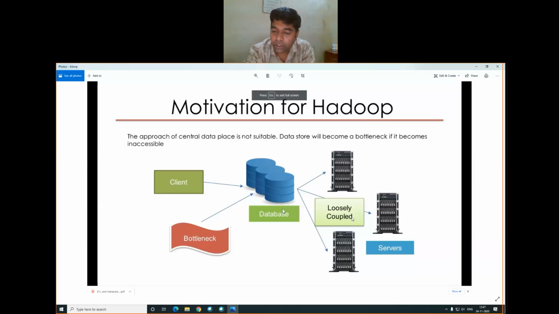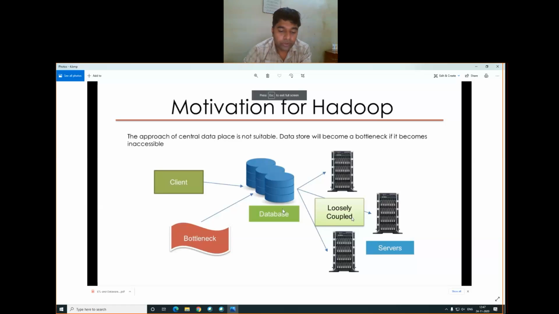So in the Hadoop system, the task is divided among different servers. All tasks are not performed by a single server, and the servers are not loosely coupled; they are tightly coupled servers. From this real life example, you can easily understand how the Hadoop system works.